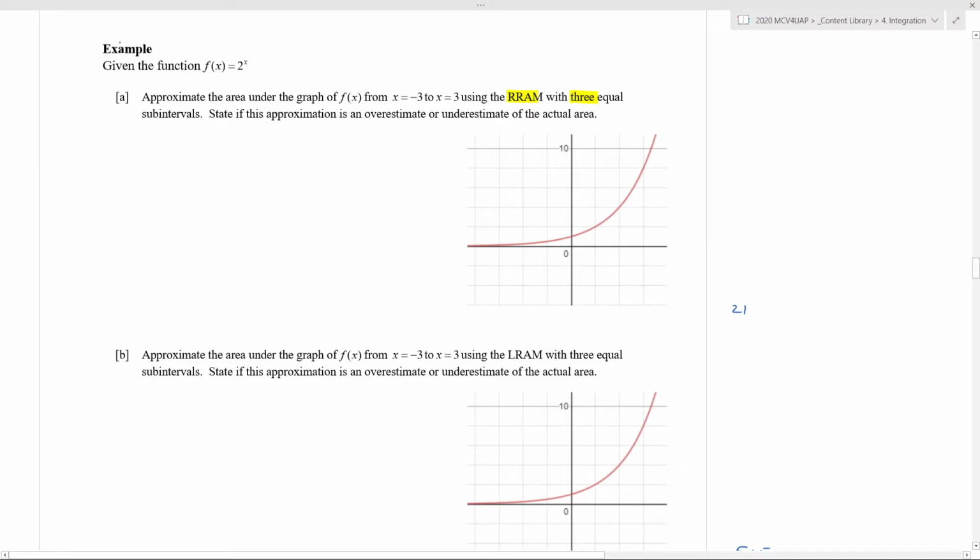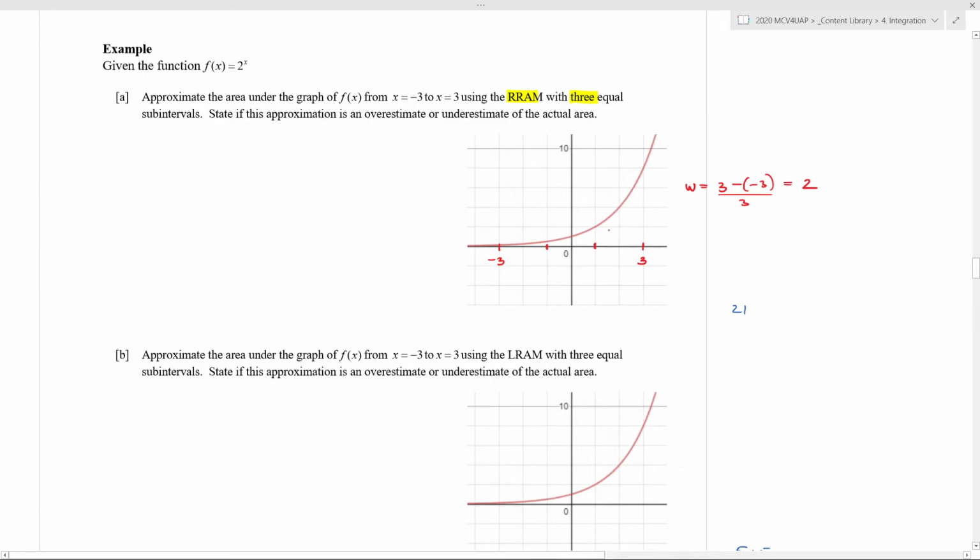So we are going from here, -3, to here, 3, with 3 subintervals. So what's my width? My width is 3 subtract -3 divided by 3, which is 2. So the width of my rectangles is 2 units.